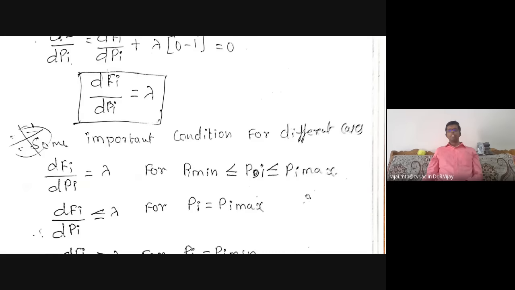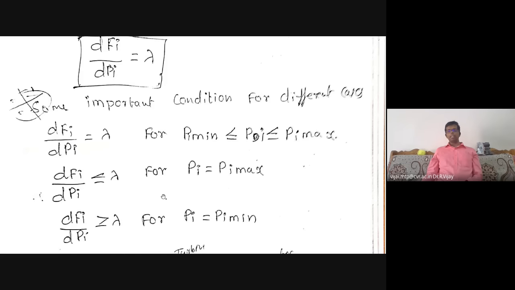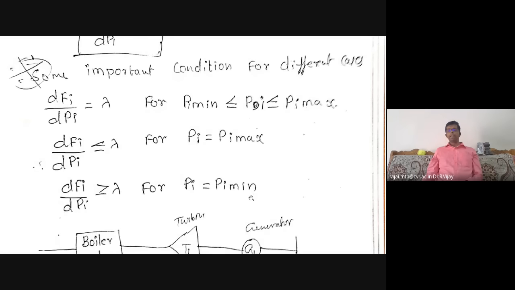If dFi divided by dPi is less than or equal to lambda for Pi equal to Pi maximum, then if dFi divided by dPi, that is the change in fuel cost with respect to the power, is greater than or equal to lambda, then we have to go for this condition, that is Pi is equal to Pi maximum.